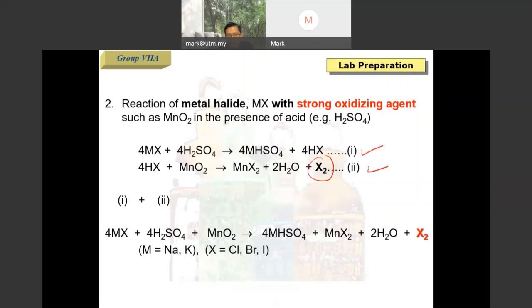Firstly, it will form the hydrogen halides in the presence of the acid and the manganese dioxide. In the second reaction, the hydrogen halide will react with the manganese dioxide to form the halogen and the manganese halide. So this is the overall reaction.